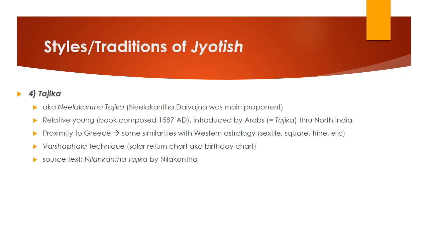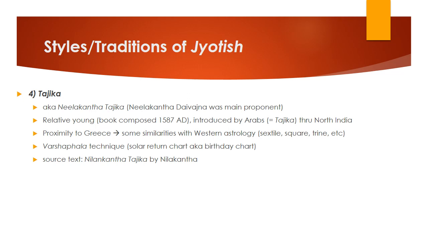So this is a deeply Indian system, but if you're a Western astrologer, you might think, oh, that sounds like what I do. Because the Arabic influence had a proximity to Greece, there's some similarity. Concepts like sextiles, squares and trines, different positional relationships of planets, are actually similar to the Western system.